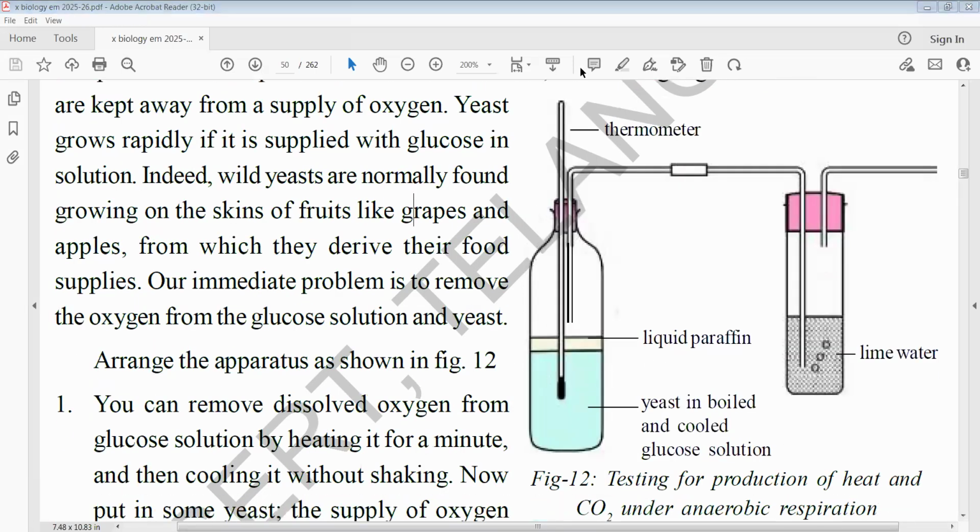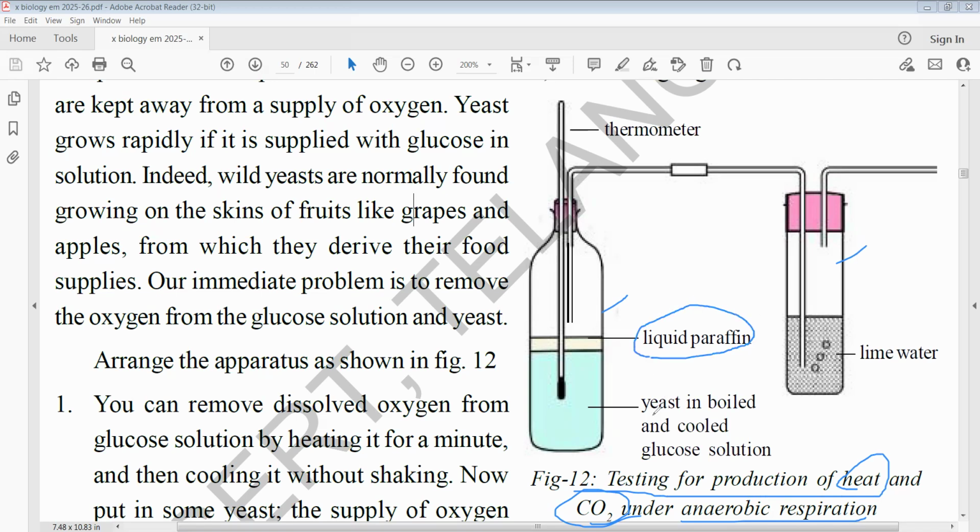During anaerobic respiration, we study the production of heat and carbon dioxide. For that we need a test tube, thermos flask, thermometer, liquid paraffin, and lime water.